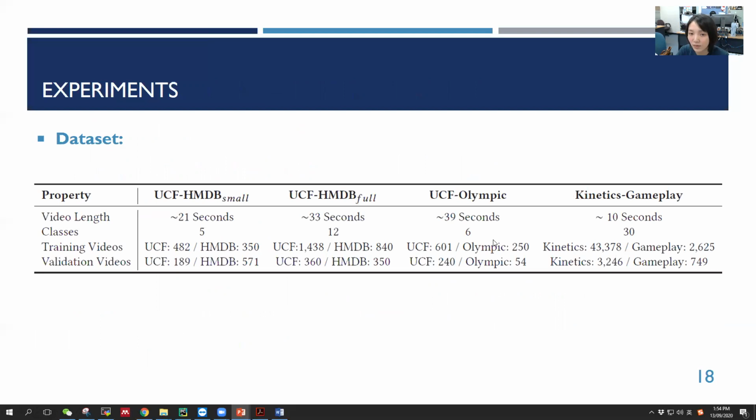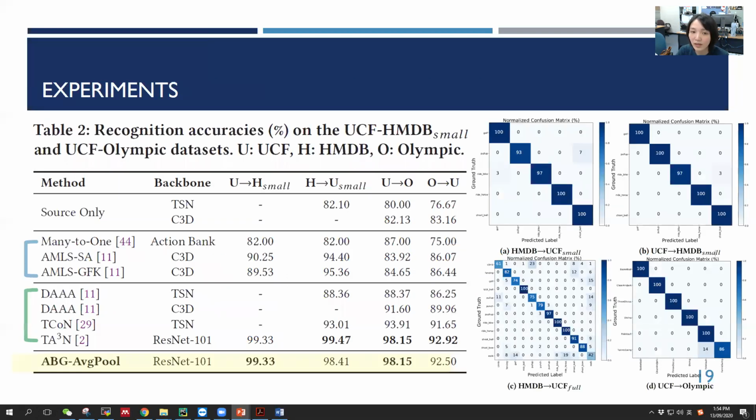For fair comparison, we follow the dataset partition and the feature extraction strategies from the previous works that utilize the ResNet-101 pre-trained on ImageNet as a frame-level feature extractor. With different backbone networks, the comparison results achieved on the relatively small datasets are reported in Table 2, and source only indicates the backbone model pre-trained on the source domain and tested on the target domain.